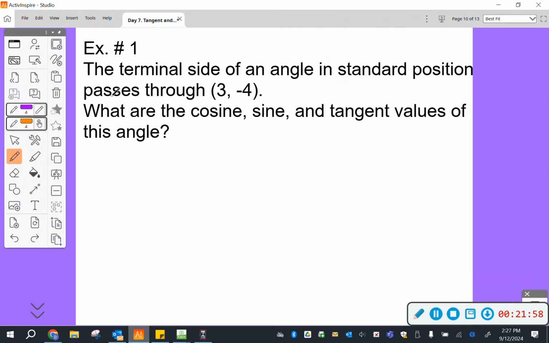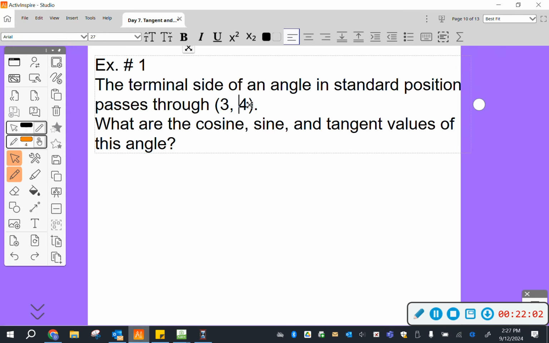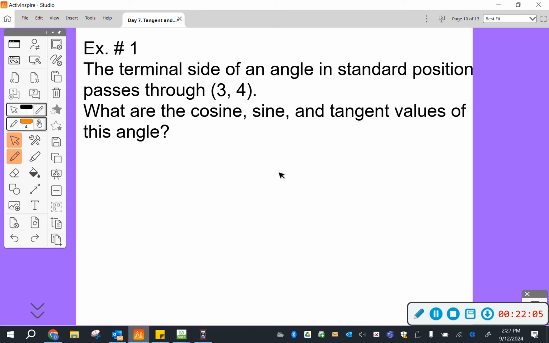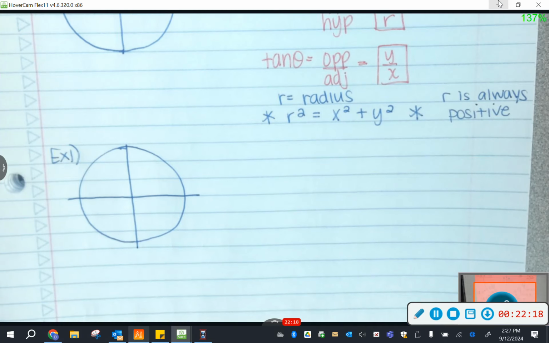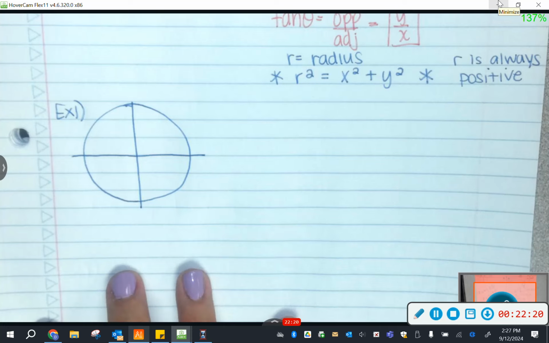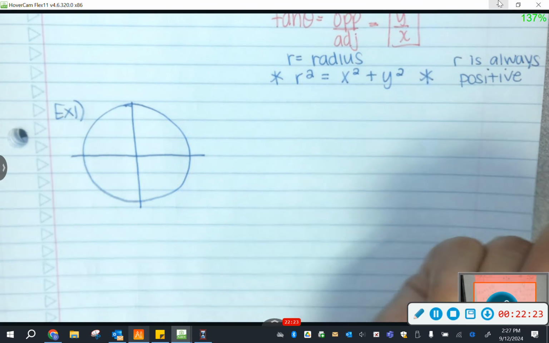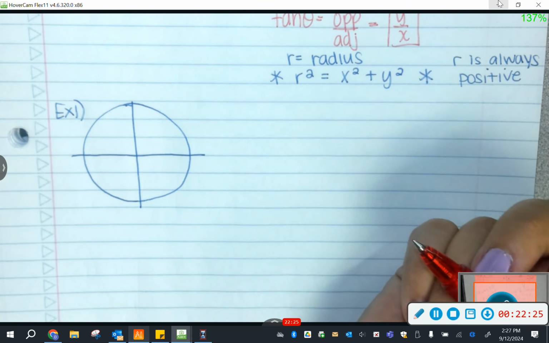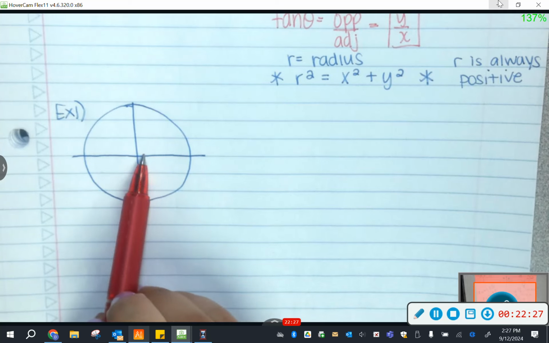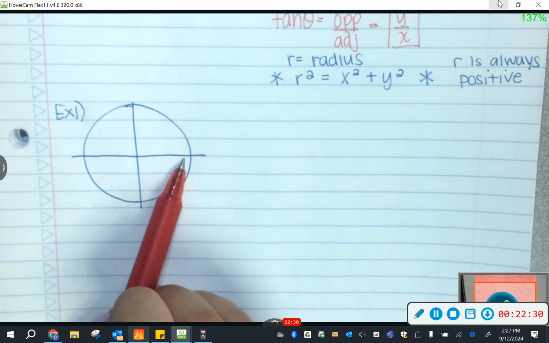The first example says the terminal side of an angle in standard position. We learned this already, but what does standard position mean? We learned the other day. If the angle starts at the origin and one side lies on the x-axis.